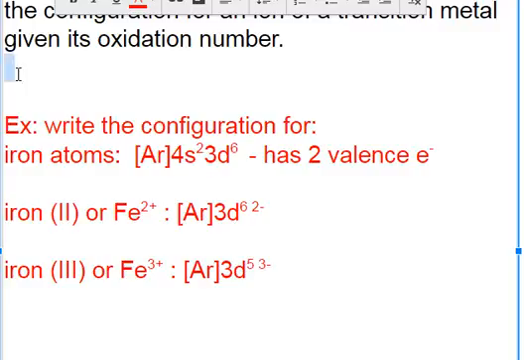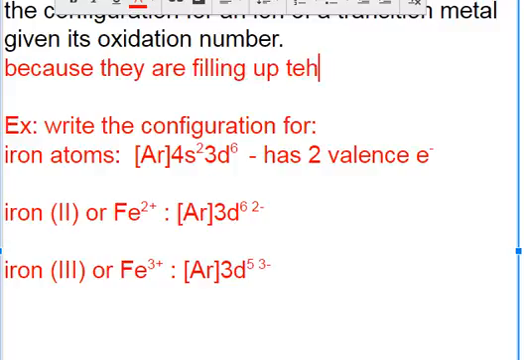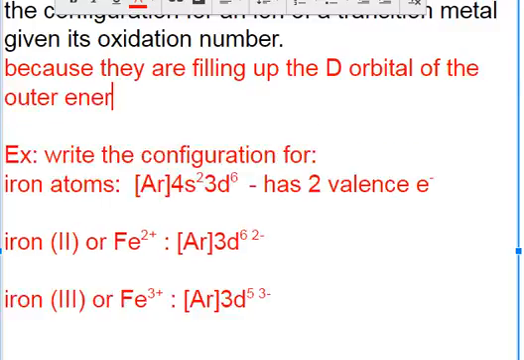So the question asked up above, the objective said, know why they don't form true noble gas configurations? Because they are filling up the d orbital of the outer energy level.